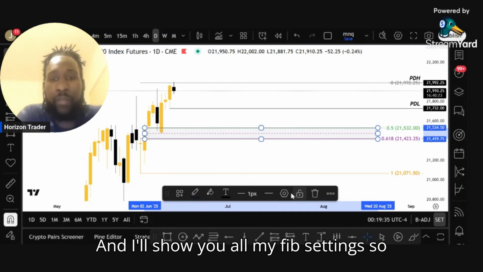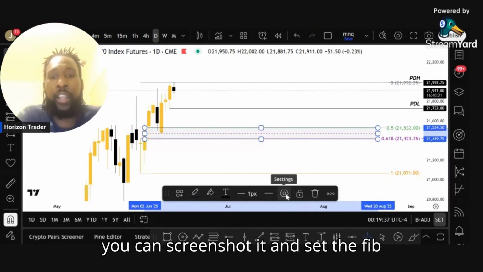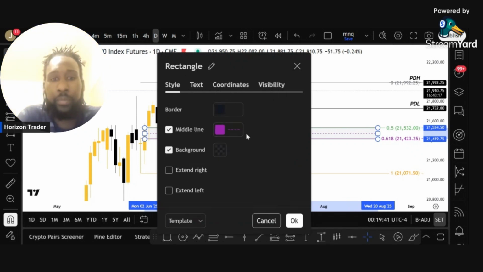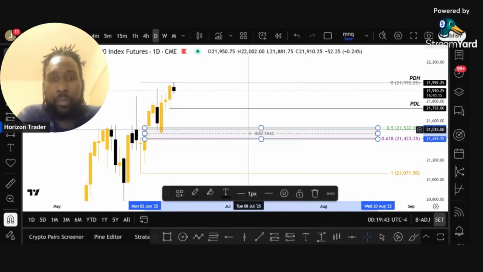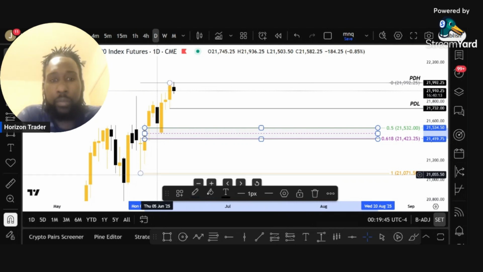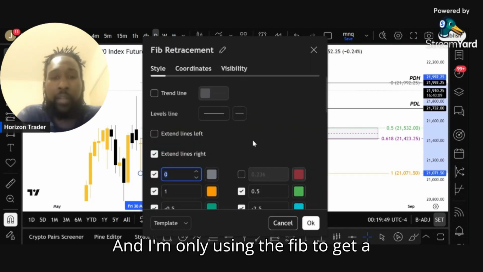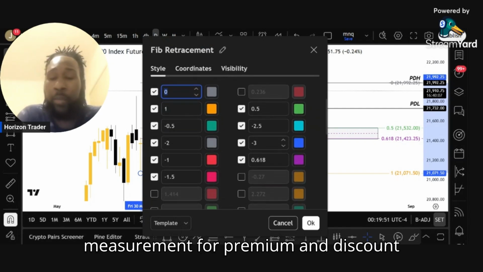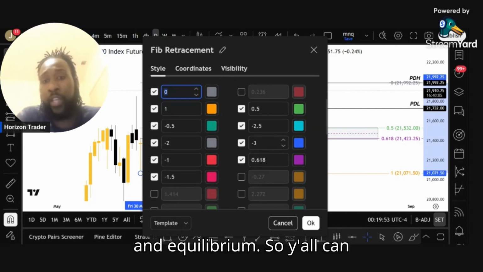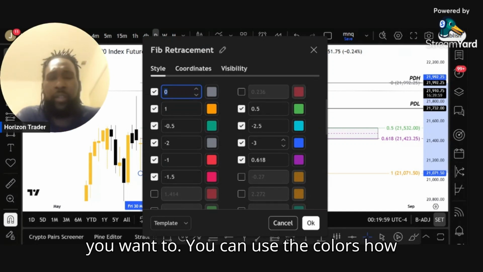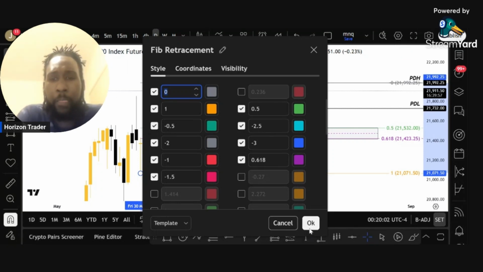And I'll show y'all my fib settings so you can screenshot it and set the fib settings to how I have it. I'm only using the fib to get measurement for premium and discount and equilibrium. So y'all can screenshot this and set up the fib how you want to. You can use the colors how you want to as well.